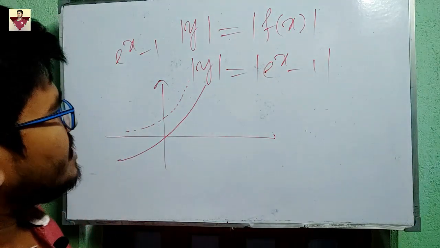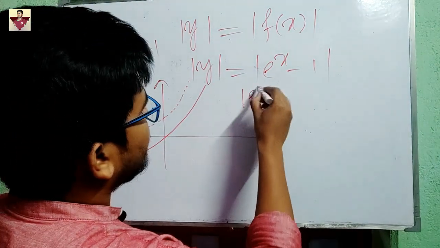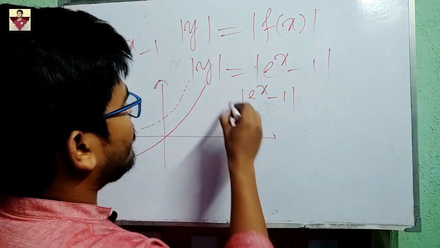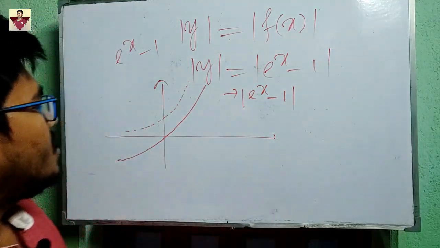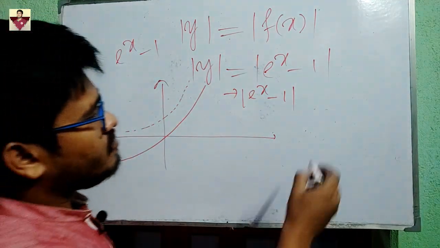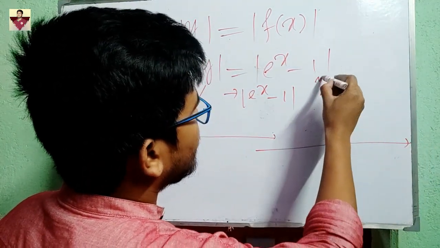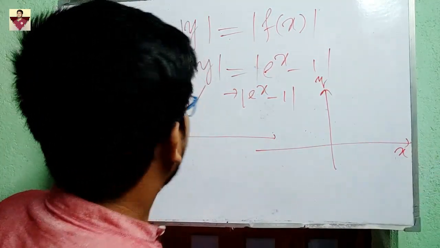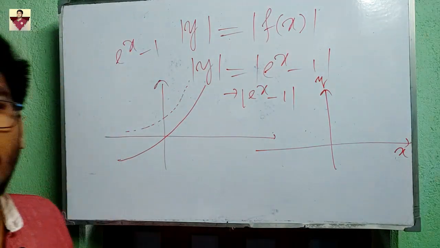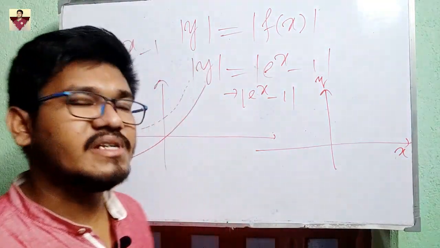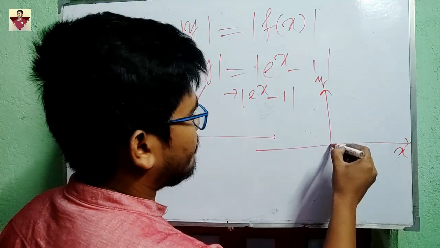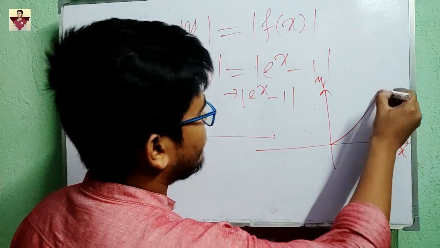Now you need to plot mod of y equal to mod of e to the power x minus 1. Step 2 is to first plot e to the power x minus 1, then the modulus of e to the power x minus 1. How to do that? I have already told. For taking the modulus of the function, all you need to consider is the positive zone. Whatever is in the negative part of the graph, you shift to the positive zone. The positive part will remain the same.